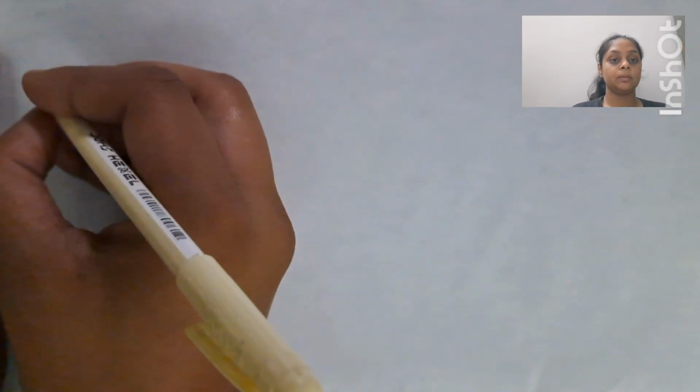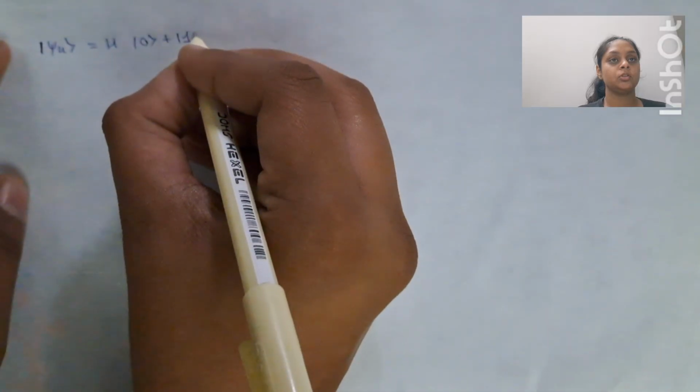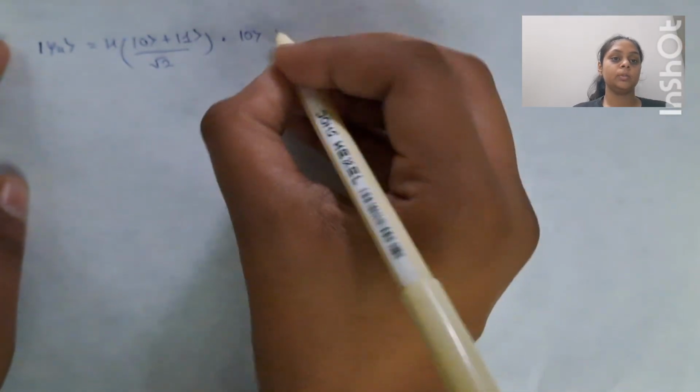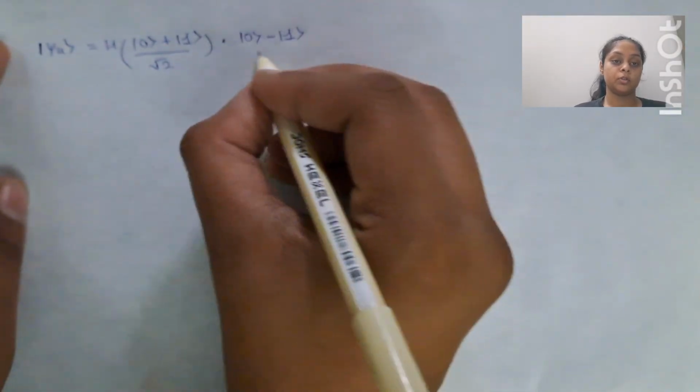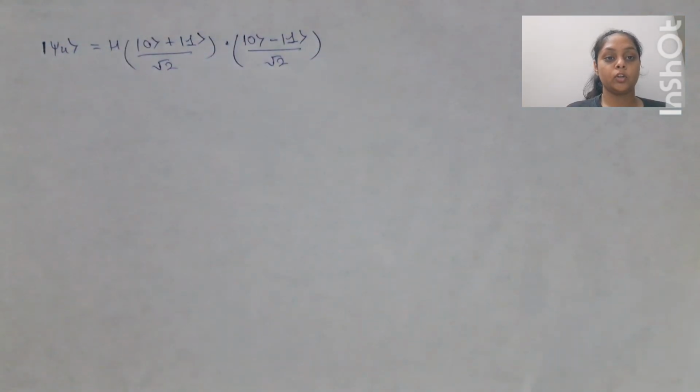To calculate |psi 4>, we need to apply Hadamard gate to the first qubit. That is (|0> plus |1>) upon under root of 2 into (|0> minus |1>) upon under root of 2. Here it is important to note that the first qubit is in |plus> state.